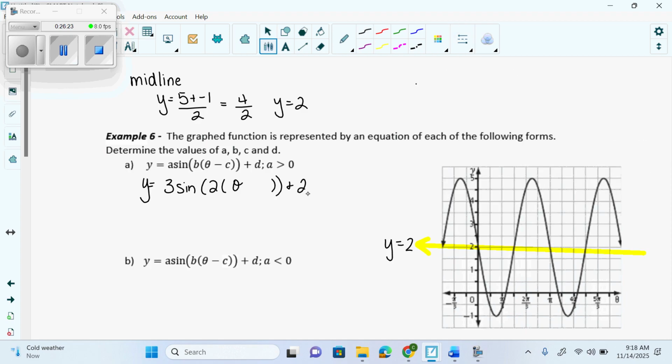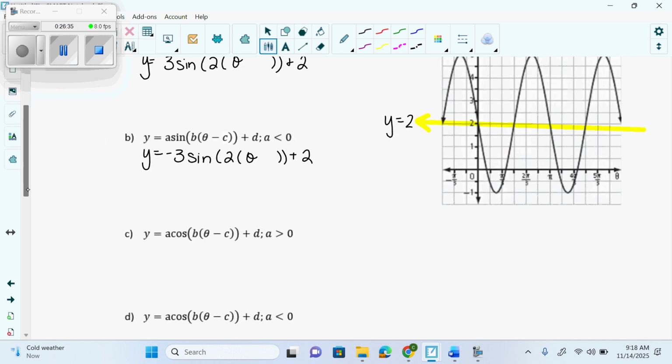Plus 2. Then this one will be y equals negative 3 sine 2 theta plus 2. Then 3 cos 2 theta plus 2.